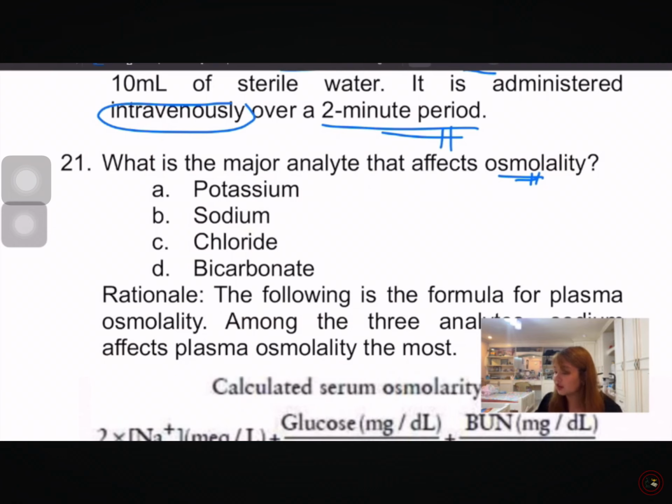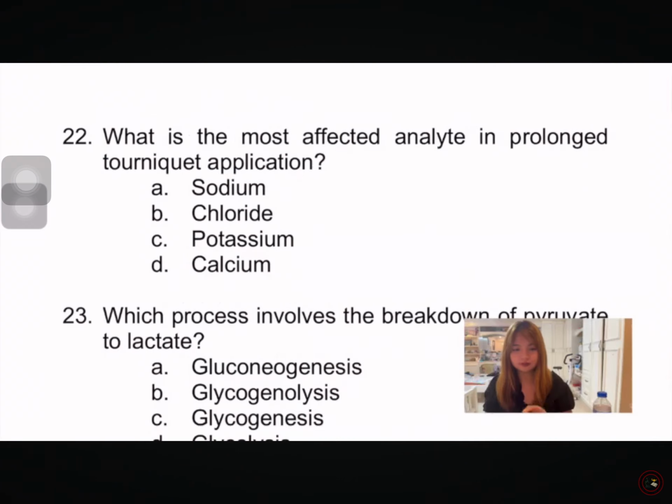So, thankfully, hindi lumitaw yung mga ibang analytes na nag-a-affect ng osmolality. Pero if alam natin naman is yung major na nag-a-affect, that is sodium. So, on to the next question.